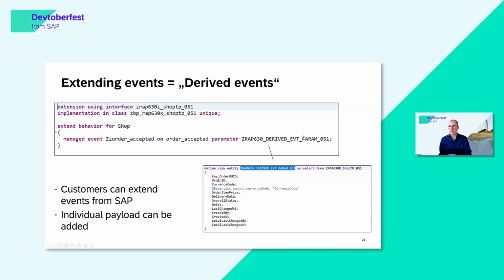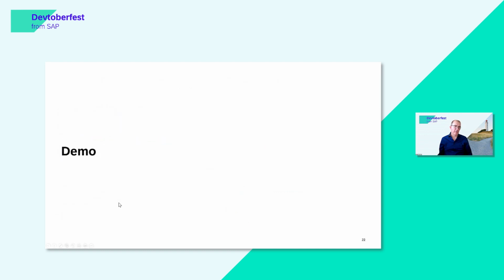And the parameter is here the view entity that has the same key field, so that the data can be passed to that. And it allows, as said, customers to extend events from SAP with their own payload, and that can then be consumed. So that was the demo that I showed there.